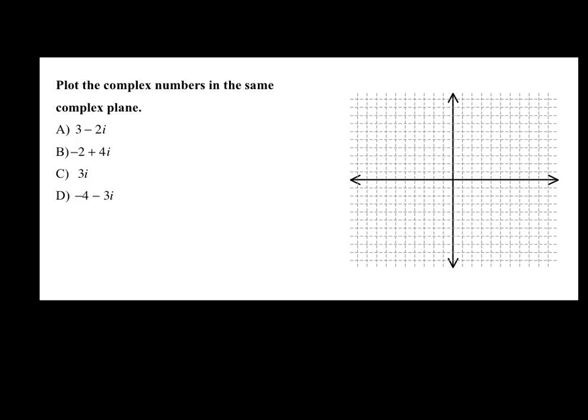So when we try to plot these on a coordinate plane, you guys know how to plot the point 2, 3. You would go right 2 and up 3. It's the same idea when you have complex numbers. So like for letter B, -2 plus 4i, the real part is your x and the imaginary part is the y.